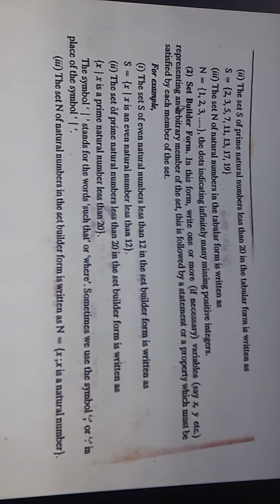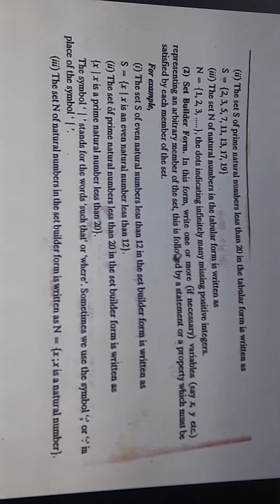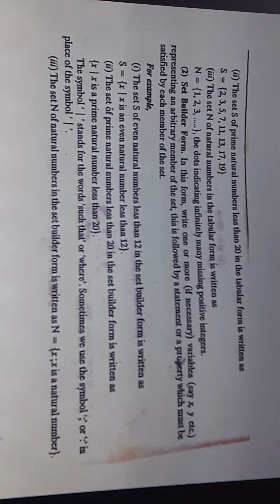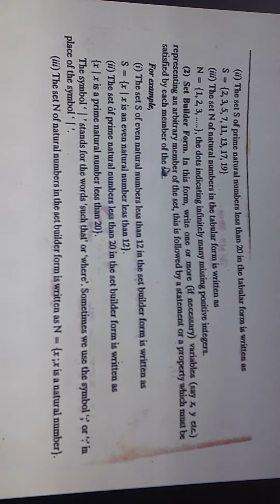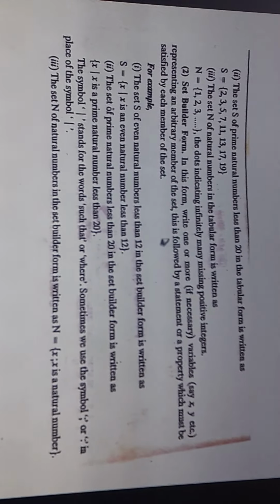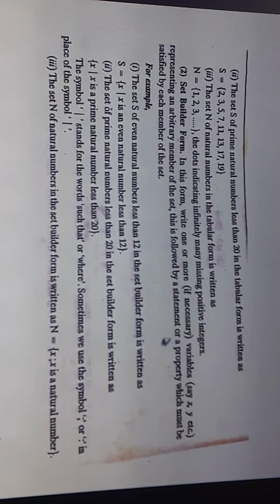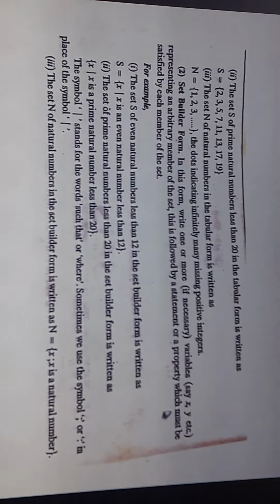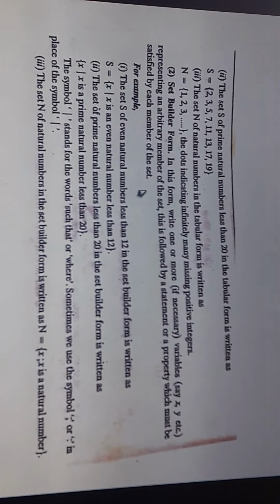Now another form is set builder form. In this form, write one or more, if necessary, variables, say x, y, etc., representing an arbitrary member of the set. This is followed by a statement or a property which must be satisfied by each member of the set.